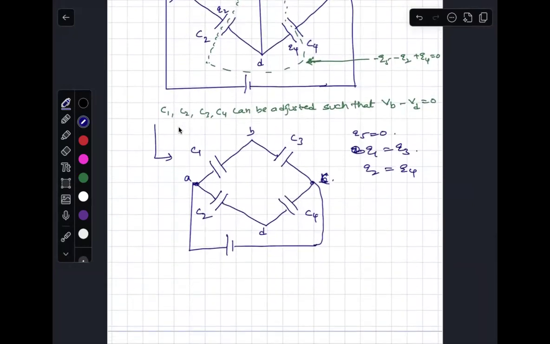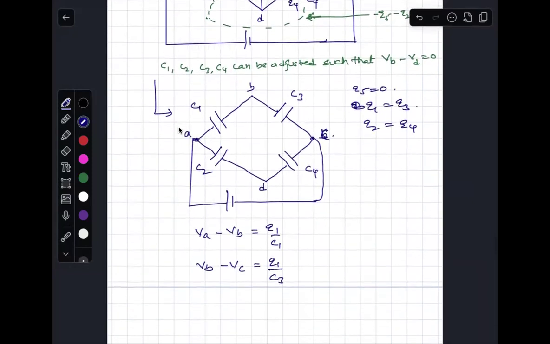In such a case, VA minus VB is equal to Q1 by C1. VB minus VC is equal to Q1 by C3 because you said Q1 and Q3 are same.